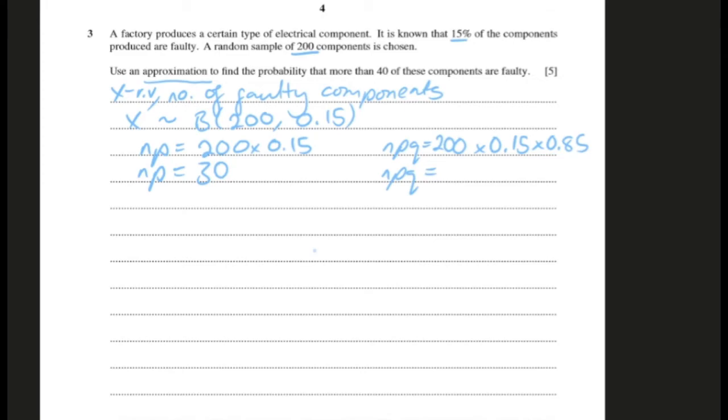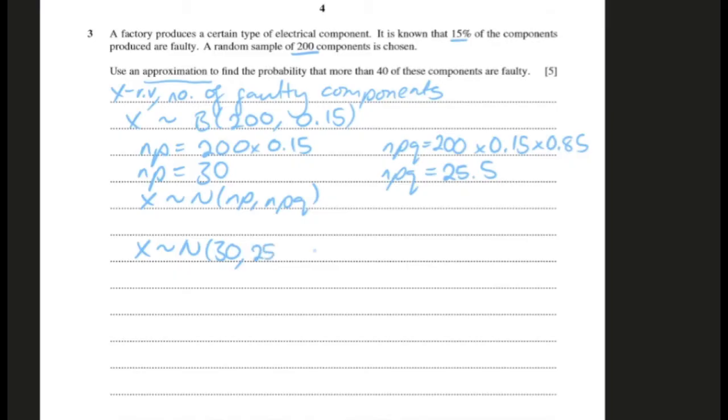So when we approximate to a normal distribution, x follows a normal distribution with mean NP and variance NPQ. Our NP we've established to be 30 and our NPQ is 25.5.